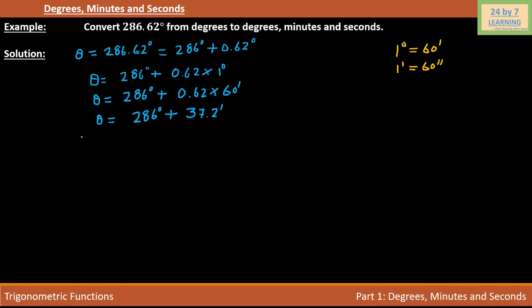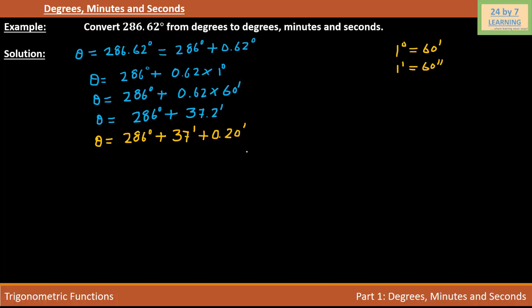So I'm going to rewrite this whole thing, and if I do that, I will write theta is equal to 286 degrees plus 37 minutes plus 0.20 minutes. So basically I am writing 37.2 as 37 plus 0.2.